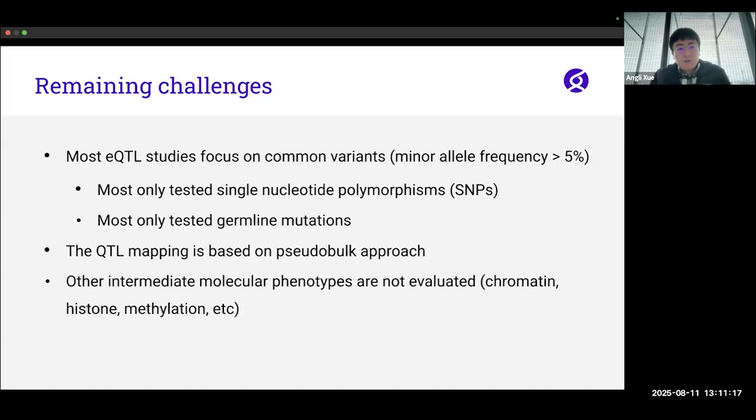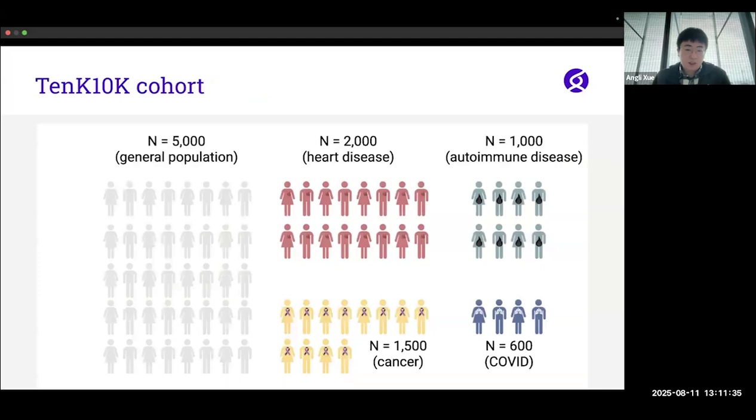There are also other interesting intermediate molecular phenotypes, like chromatin, histone, and methylation, that are not evaluated for the same cohort. And what functional elements like promoters or enhancers contribute to those genetic regulations is really underexplored.